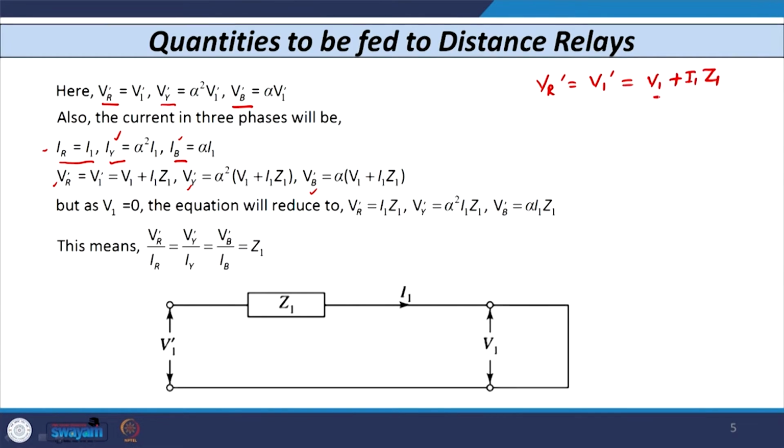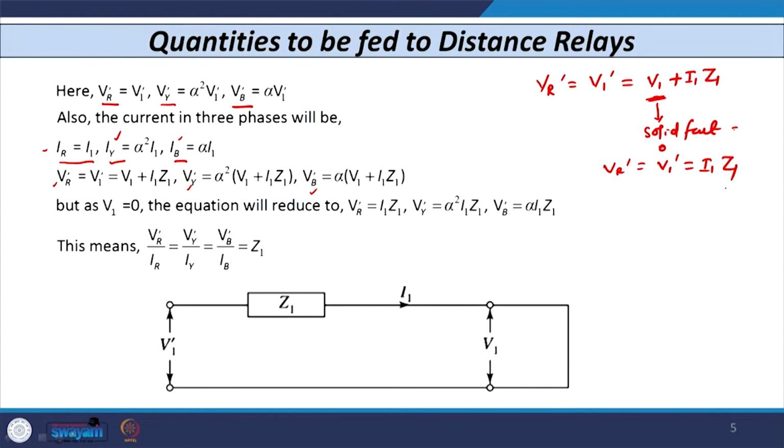Now V1 is the voltage at the fault point, which is 0 if we assume it is a solid fault. So this part is 0, and we have Vr dash equal to V1 dash equal to I1 Z1.